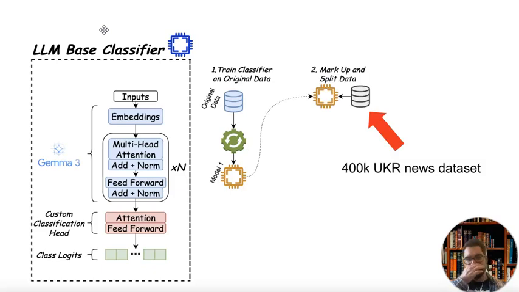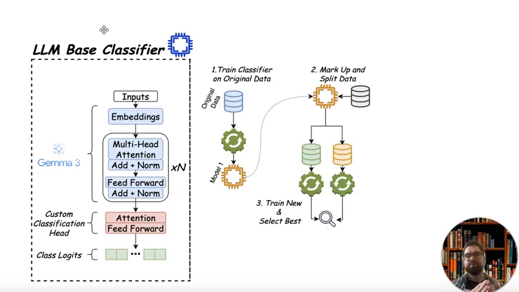The next step is to take a 400K available dataset of Ukrainian news that contains both Ukrainian and Russian in it, and pseudo-label this dataset with the existing models that we trained on original data in the previous step. After that, we separate this dataset into 2 roughly equal chunks, and we train the same models with the same architecture, this LLM-based classifier, on them, and evaluate them on the dev dataset that we have.